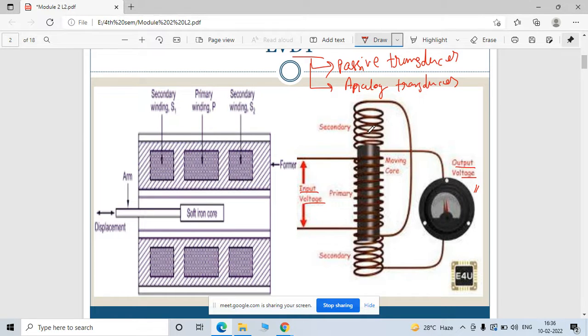The induced emf on this coil is also changing depending on the displacement. You can say that it works on the principle of inductive transducer.